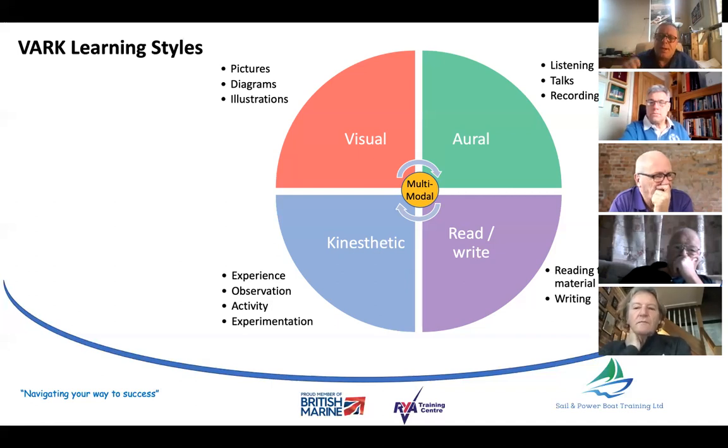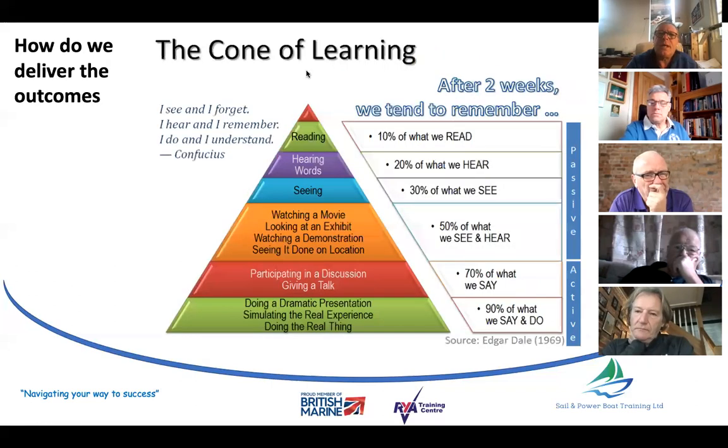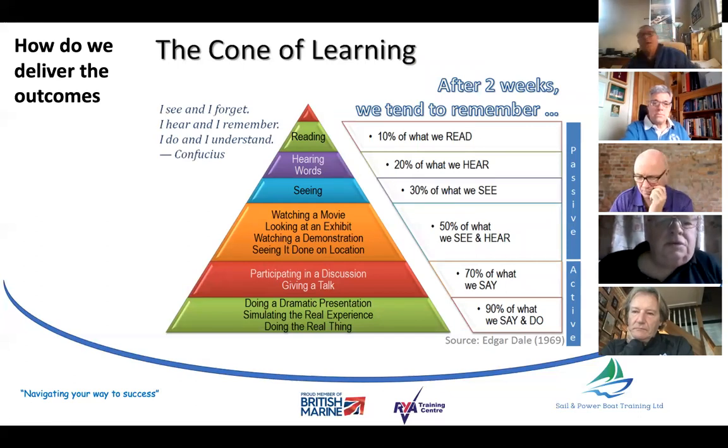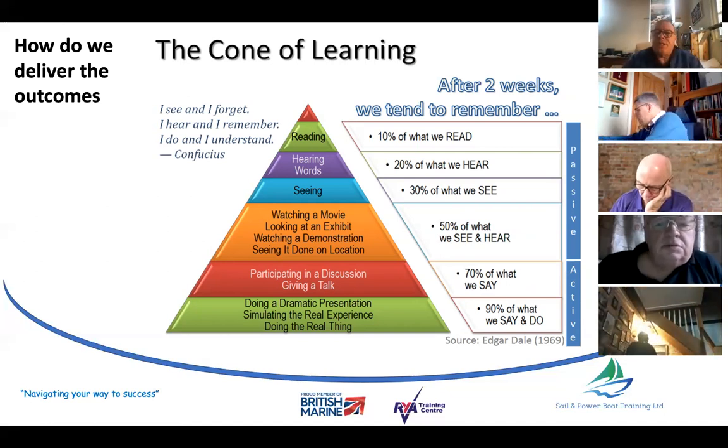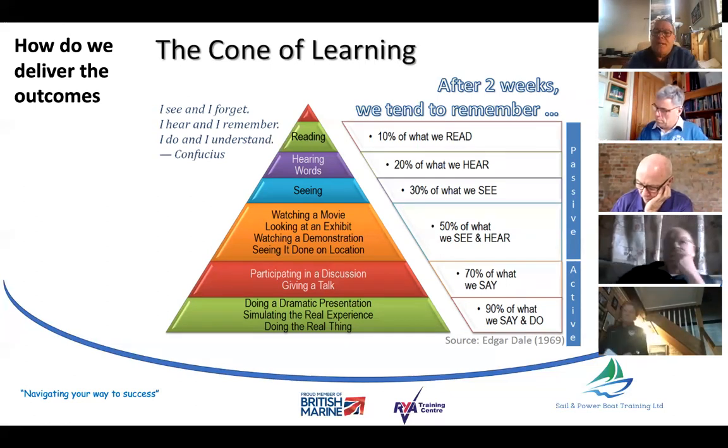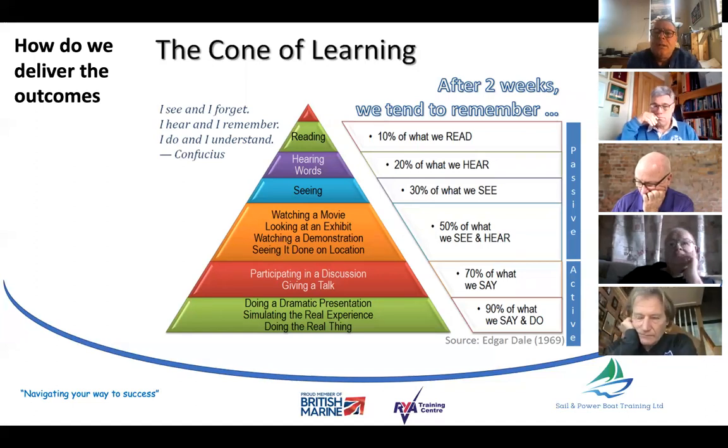Now, in terms of what I'm going to deliver is this cone of learning. I don't know if anybody's seen it, but it's really important to me when I'm instructing. It's research that says after two weeks, we tend to remember 10% of what we read, 20% of what we hear, 30% of what we see, 50% of what we see and hear, 70% of what we say, and 90% of what we say and do.